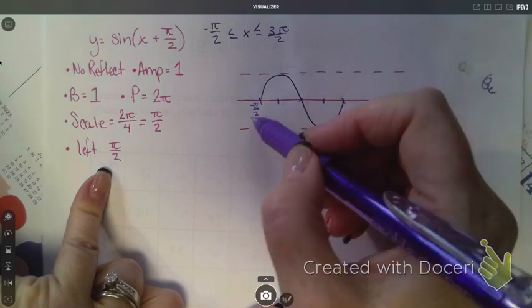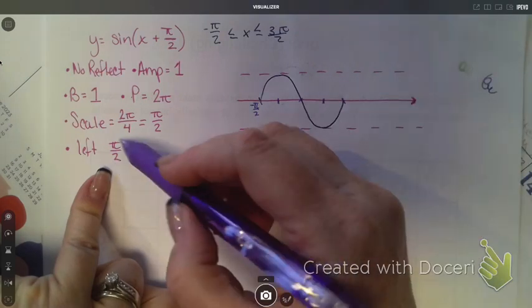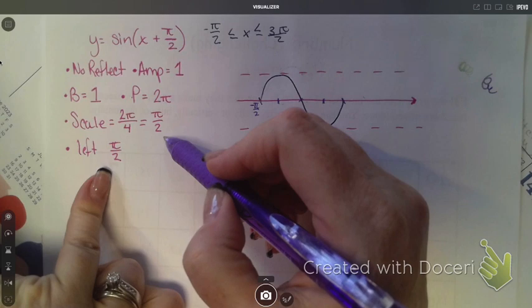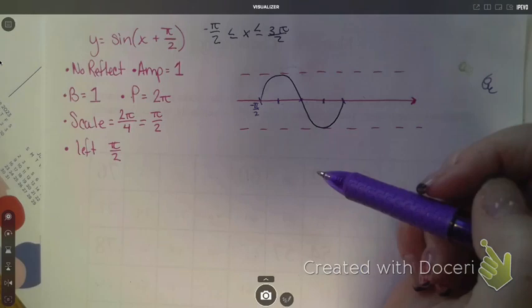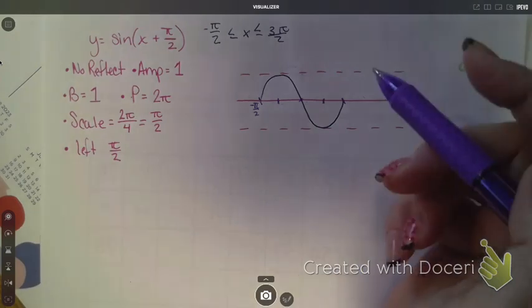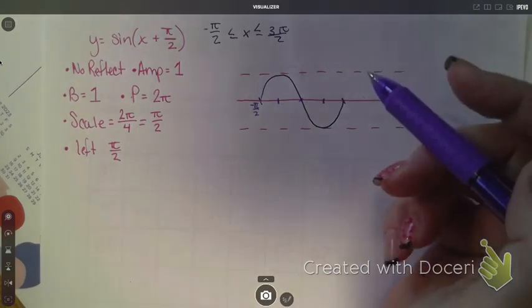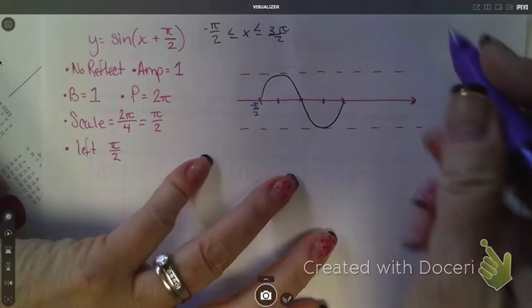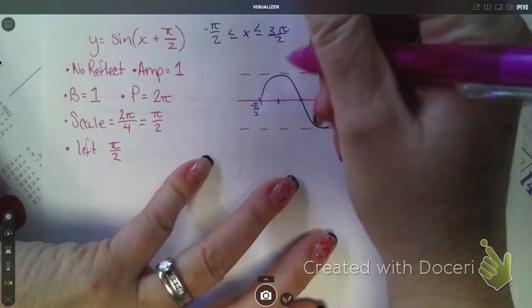Well, then I just start adding my scale, which is pi over 2. Negative pi over 2 plus pi over 2 is 0.